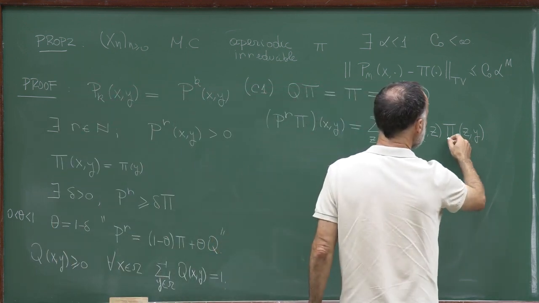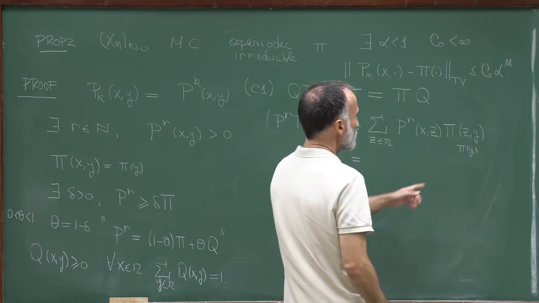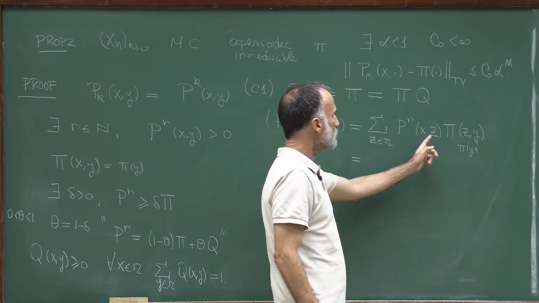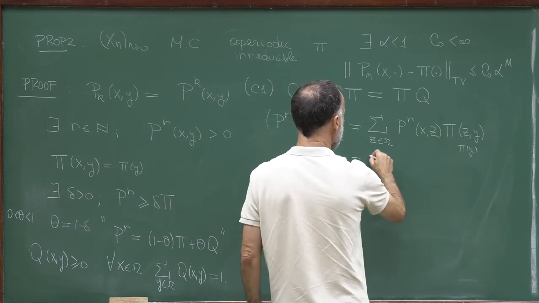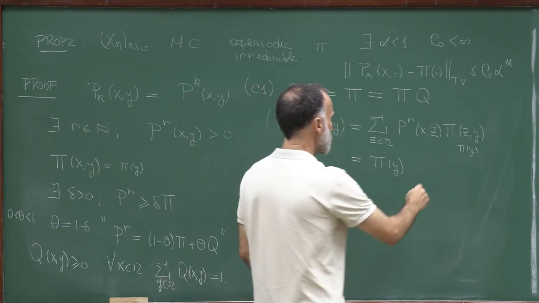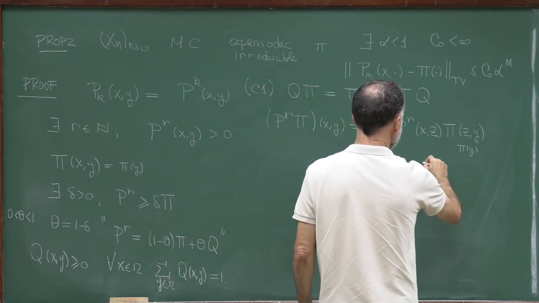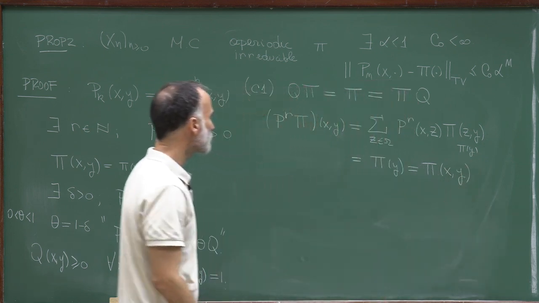So this is actually pi of y. It doesn't depend on z. So if I take the sum over z here, I get 1. So this is equal to pi of y. And pi of y is pi(x,y), because pi depends only on the second coordinate.